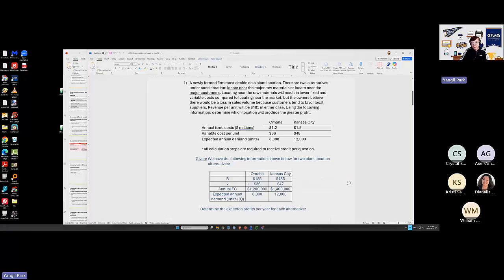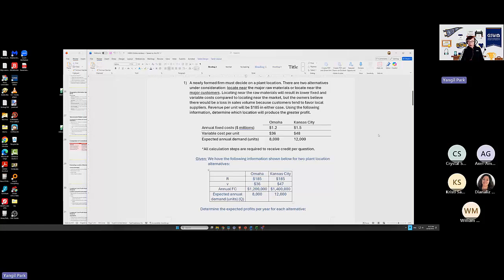Each unit is $30, $36 and $47. The only thing we need to calculate is quantity, and quantity is known as well: 8,000 for Omaha, 12,000 for Kansas City. To make it better, a fixed cost is available too: one for $1.2 million, the other for $1.4 million.